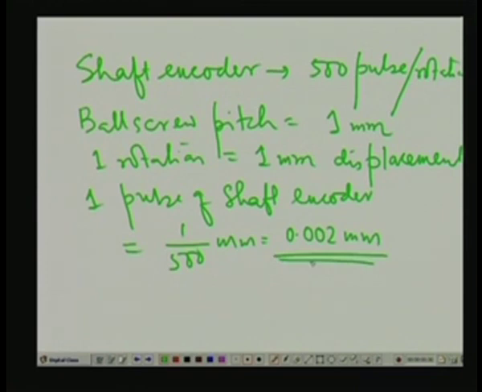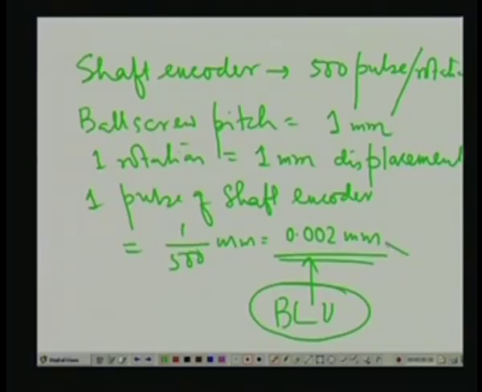So, this is the basic length unit. This is the smallest displacement that the machine can be aware of, because this will be 1 pulse of the encoder. That is the smallest, and that is called the basic length unit. All these are generally stated in terms of the basic length unit.